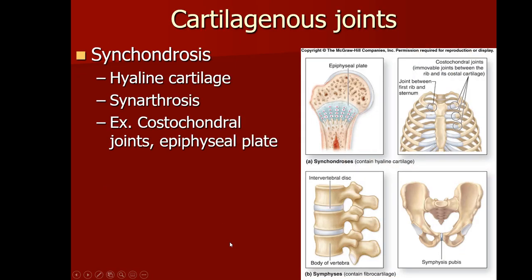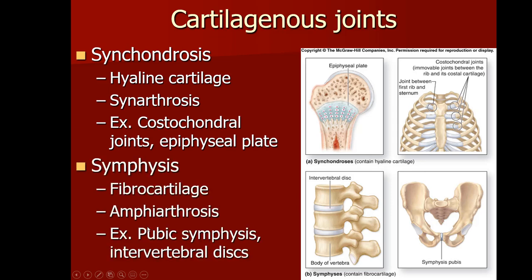Moving into the cartilaginous joints, we have synchondroses and symphyses, if you're talking plural. A synchondrosis just means they're held together by hyaline cartilage. These are synarthroses, meaning they don't move. The examples that we have: the epiphyseal plate, I know you don't think of that as being a joint, but technically it is because it's bone to bone separated by hyaline cartilage.